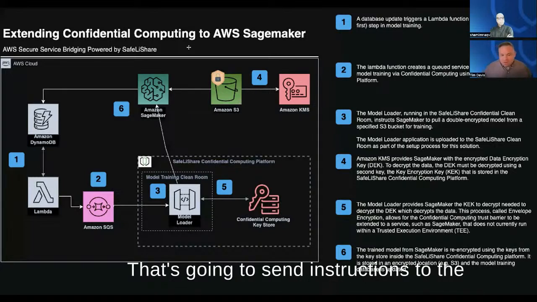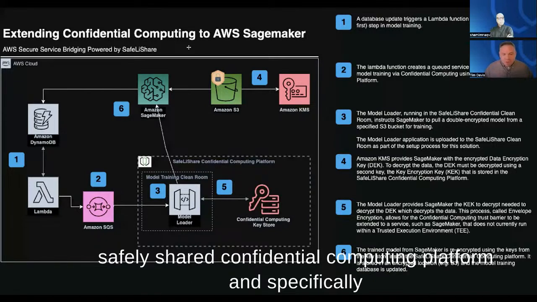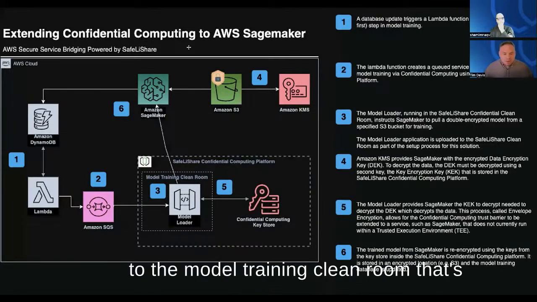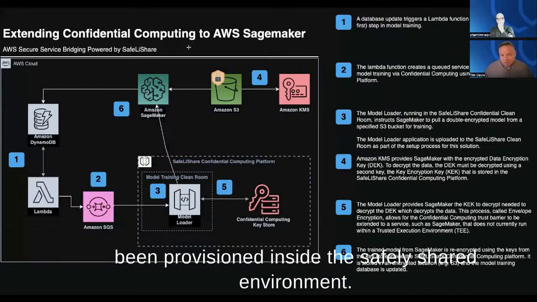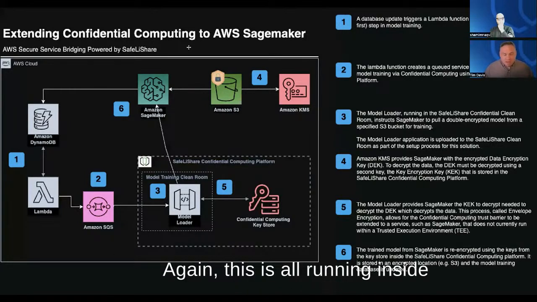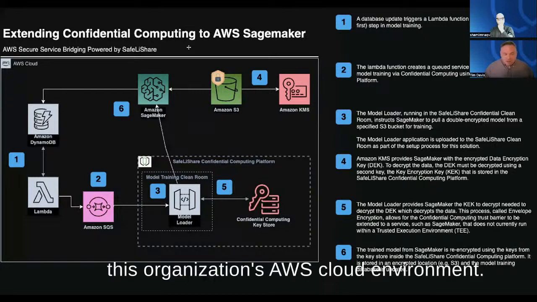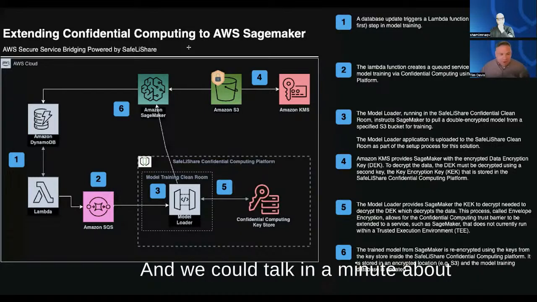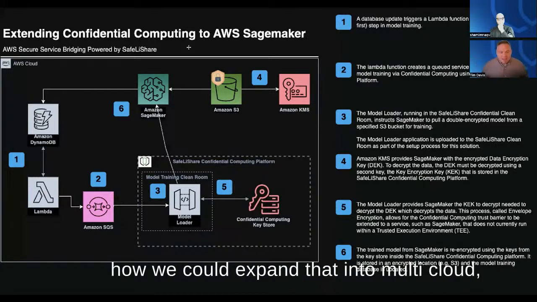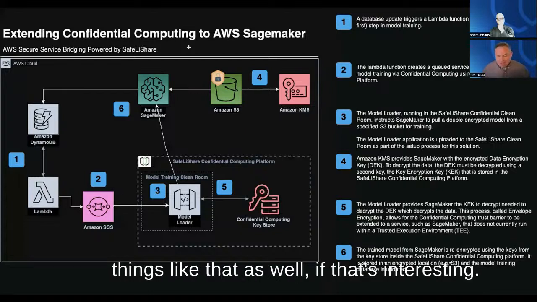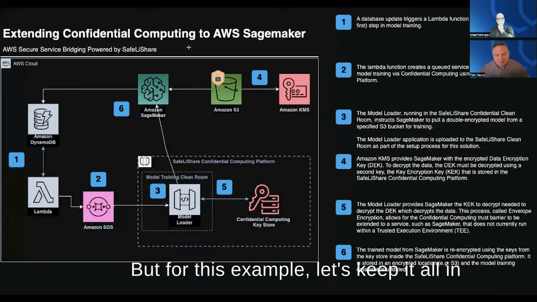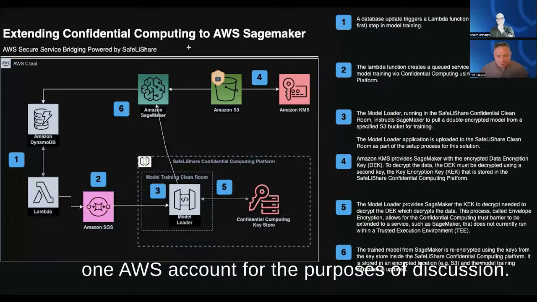That's going to send instructions to the SafeLiShare confidential computing platform, and specifically to the model training clean room that's been provisioned inside the SafeLiShare environment. Again, this is all running inside this organization's AWS cloud environment. And we could talk in a minute about how we could expand that into multi-cloud, things like that as well, if that's interesting. But for this example, let's keep it all in one AWS account for the purposes of discussion.